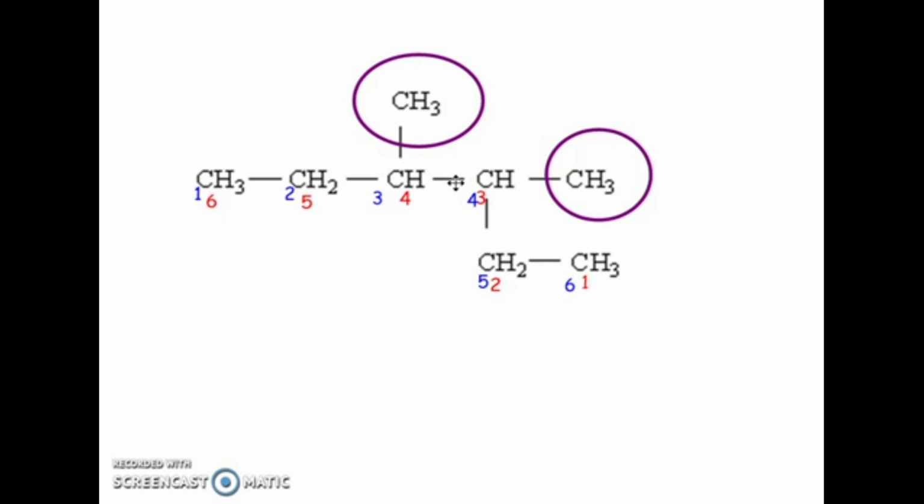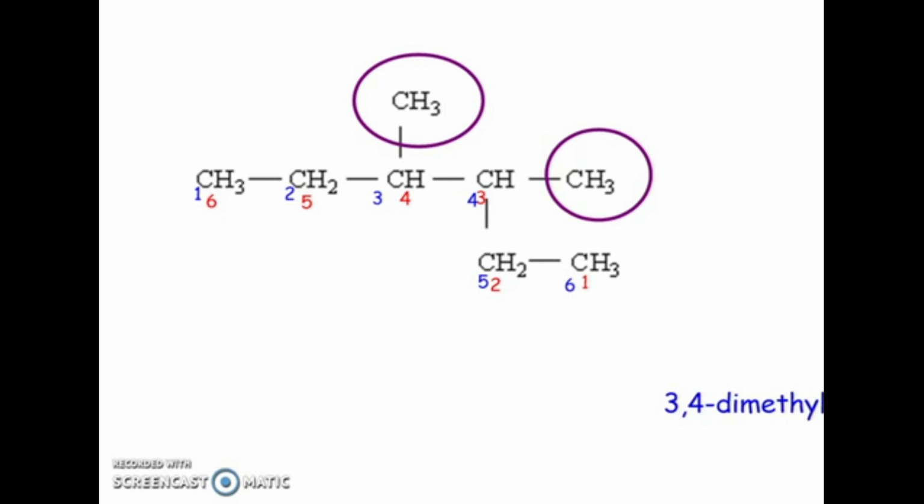But again, if it gives you different answers, you're always going to go with the one that gives you the smallest numbers. So again, we need to give the numbers for the branches, which is carbon number 3 and carbon number 4. And then there are 2, so di, both of those are methyl groups.